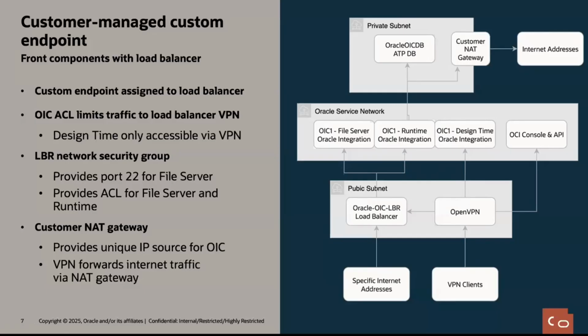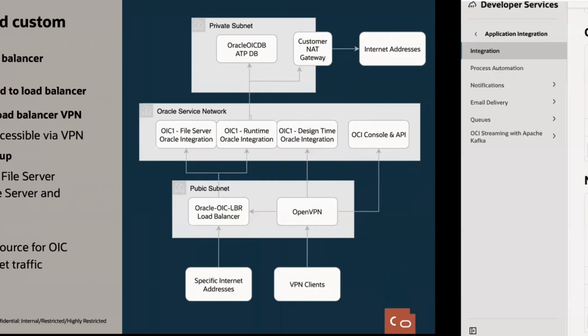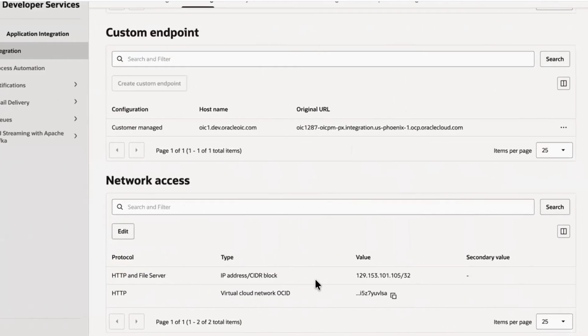And so that gives us very clean, very simple network rules within the OIC. You see here, we've just got two rules. Allow the load balancer to talk to the runtime and the file server. Allow this network to talk to the design time and the runtime.